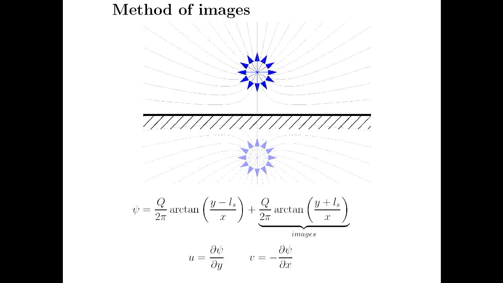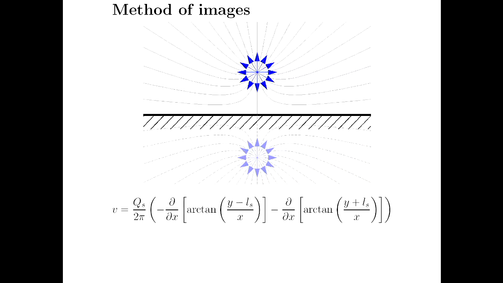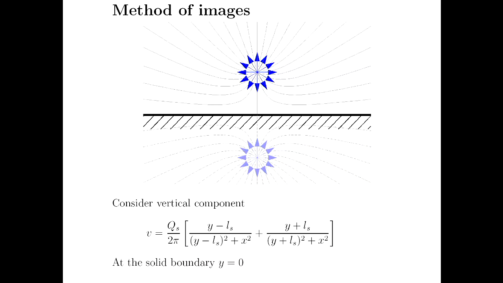So let's just check, all right? Let's see what our velocities are. I can plot my velocities u, and I can also derive my velocities v. So the velocities for this stream function look like that. And I can then analyze whether my velocity v is indeed 0 at my boundary or at my wall.